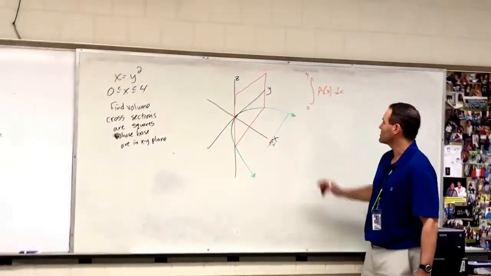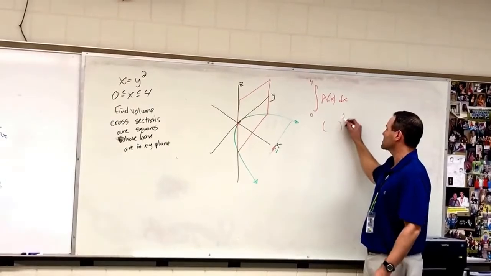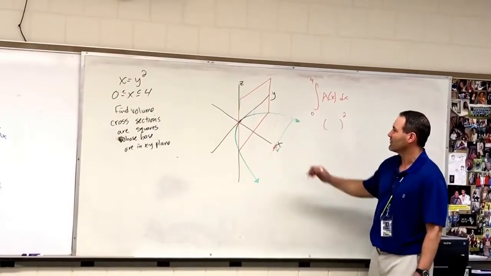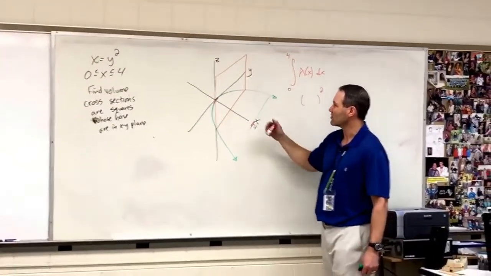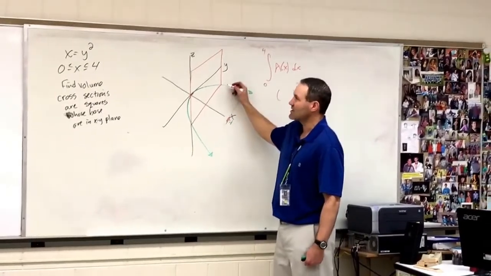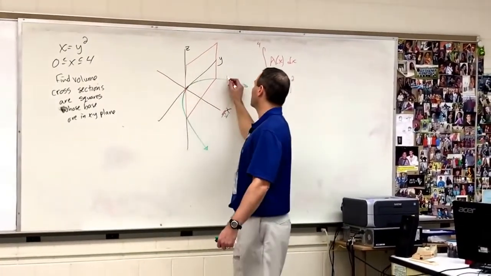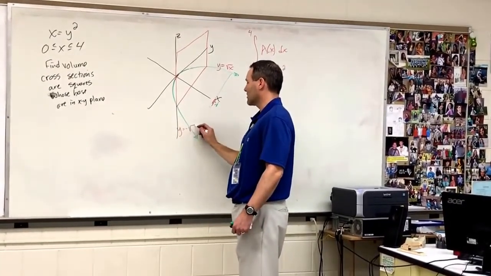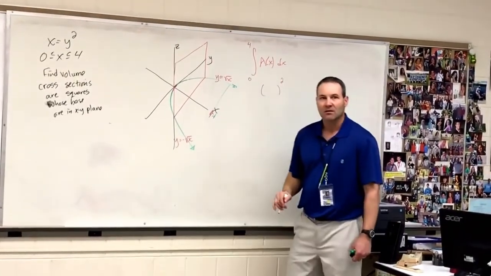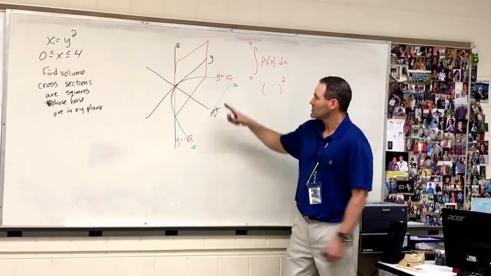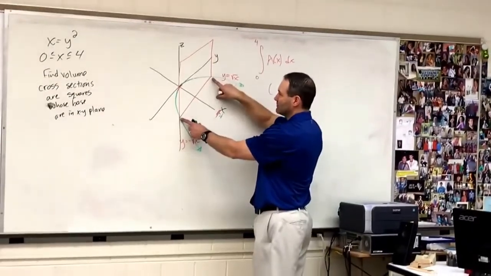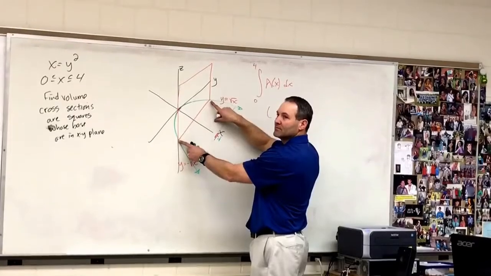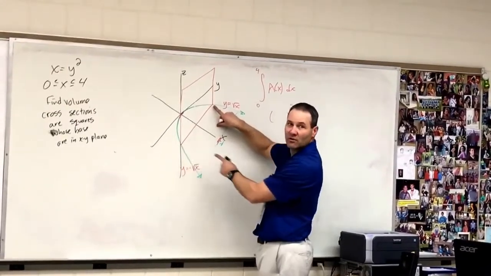Alright, so my A of x is a square, so it's just base squared. If I can figure out what my base is in terms of x, well, this is x equals y squared, so it might be helpful to say that's y equals the square root of x, and y equals negative square root of x, right? So how long is this on the bottom? 2 square roots of x.